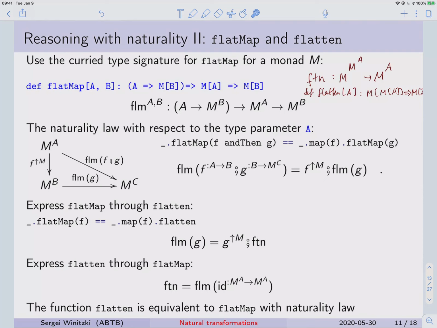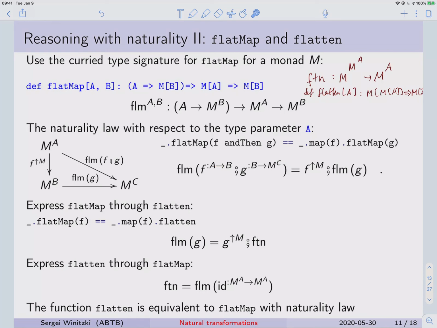This naturality law looks like this, and it allows us to express flatMap from a function composition through this. Now the type diagram illustrates how it works. So you start with some value m of a, you lift to m of b, and then you do flatMap. Or you do directly flatMap with this function, which has type a to b and then b to m of c.